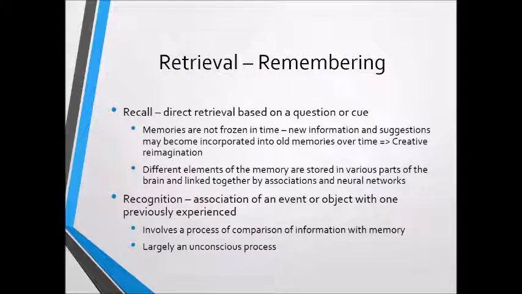So recall is when we are asked a question or cued to pull up a specific memory, and we're able to go get that almost immediately. The human brain is amazing in how it does this. If our brains were like computers, the computer would pretty much have to scan all of the memory, everything that's been written, just looking for that answer. Whereas we're able to just go right to it.